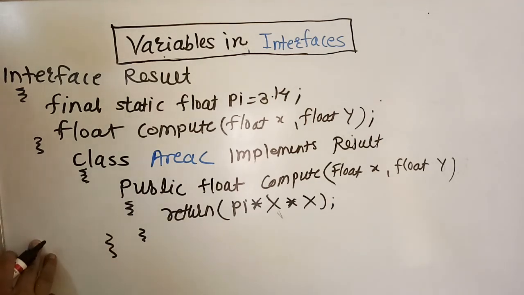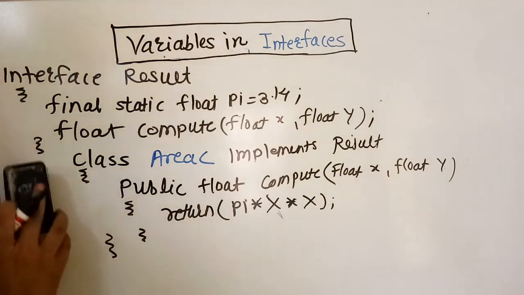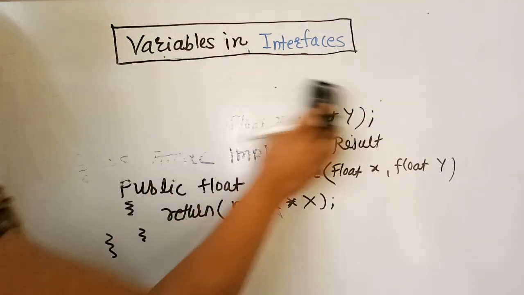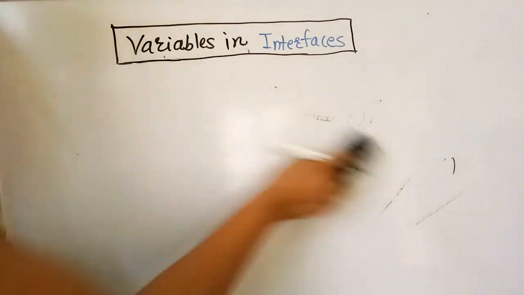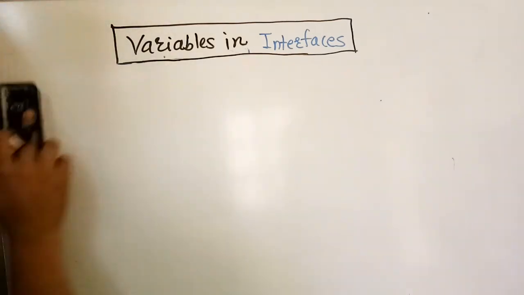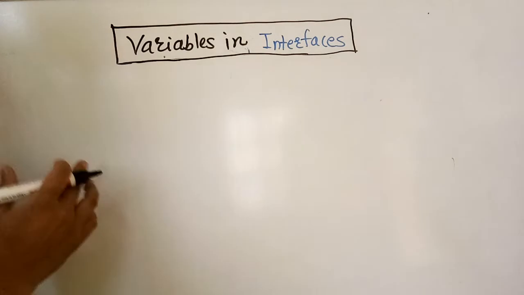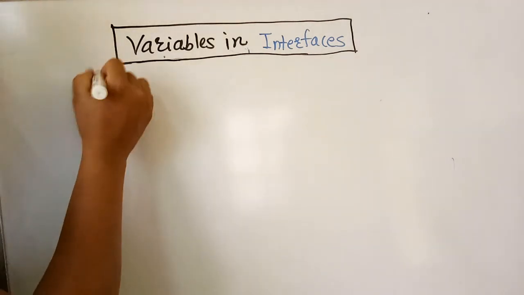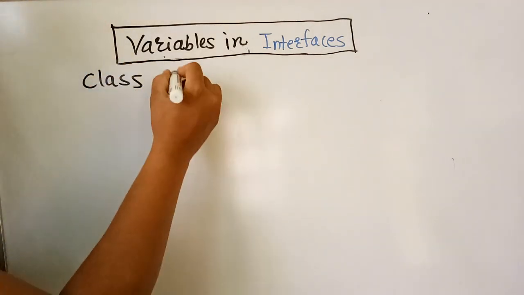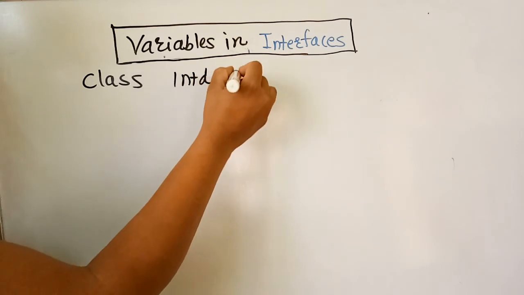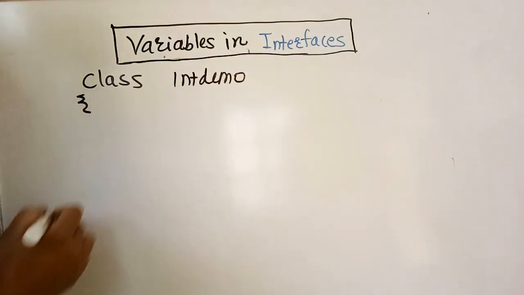But these are only the interface and classes which we have created. Now we have to create one class having the main method, by which we will save the name of that program. So for example, I will take class interface demo.